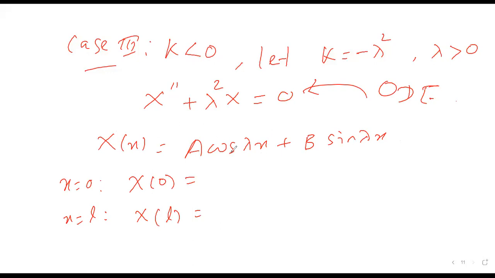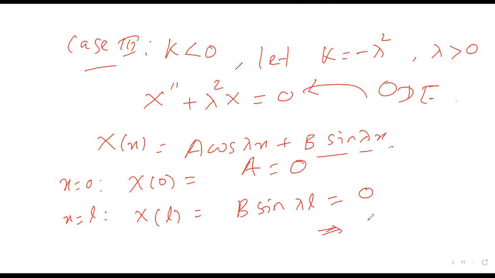If you put zero, cos 0 will be 1 and sine 0 will be 0. So I will have a is equal to 0. Then if you put x equal to L, since a is equal to 0 already, I can use this one. B sine lambda L is equal to 0, because of my boundary condition.